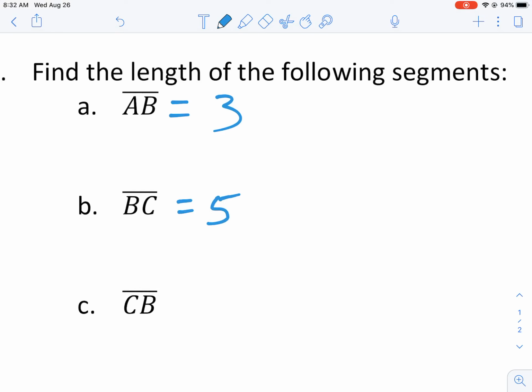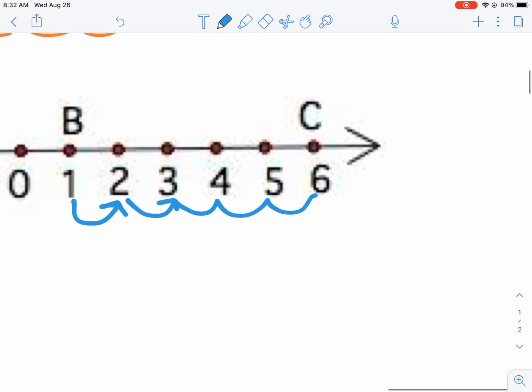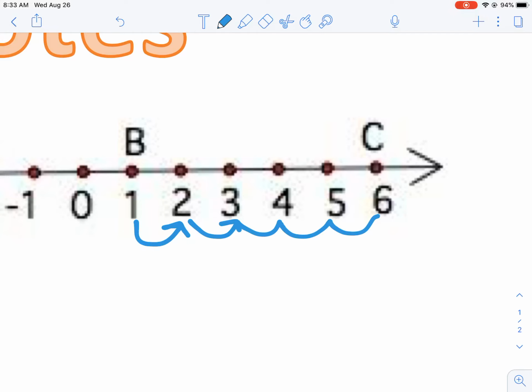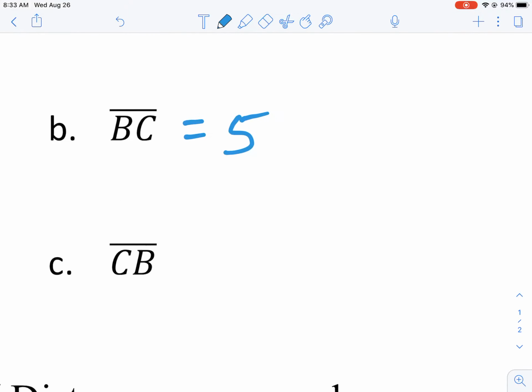Then the last one says CB, okay? And I put this on here for a reason. So BC and CB, is there any difference between those two, all right? And the answer is no, okay? The main reason I put this problem on here is that I wanted you to see that length and distance, regardless of which one you're talking about, can never be negative, all right?